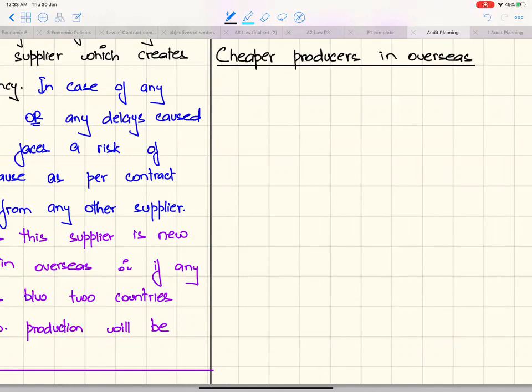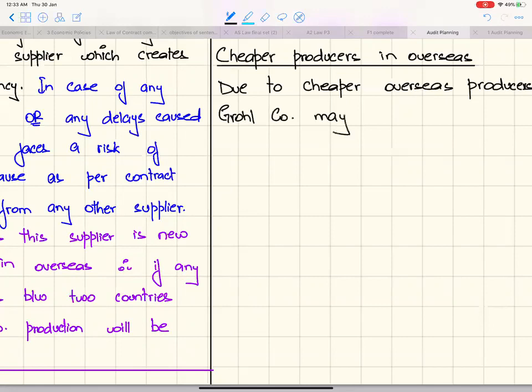Due to cheaper overseas producers, Grahak company may face loss of market share.